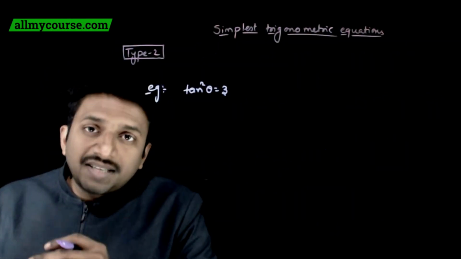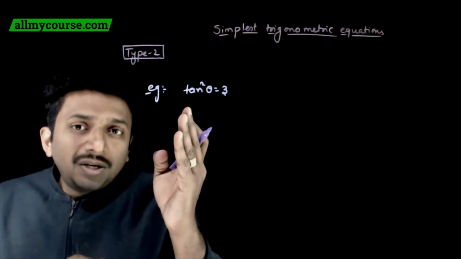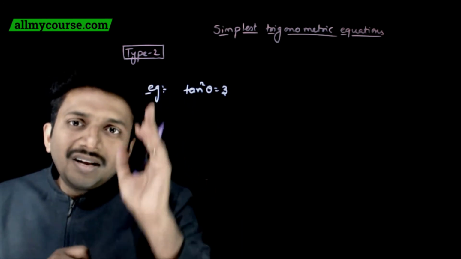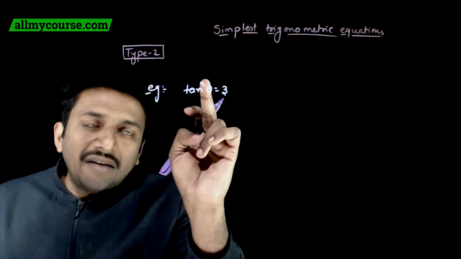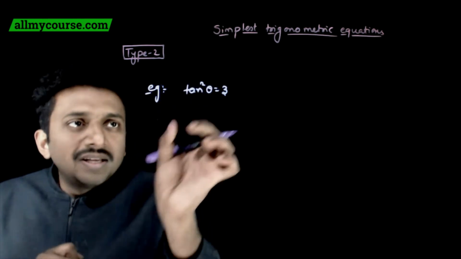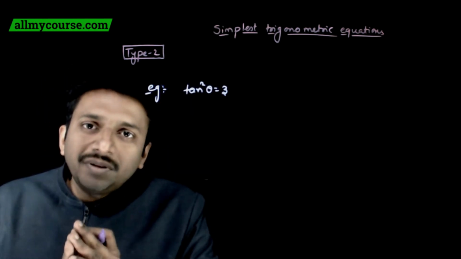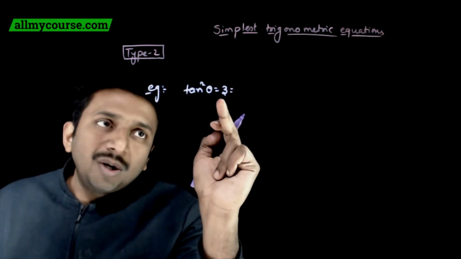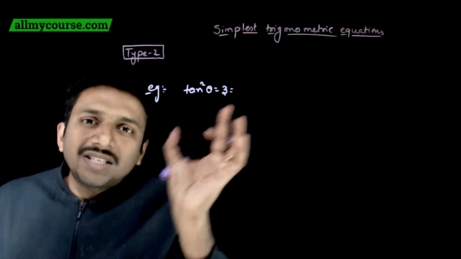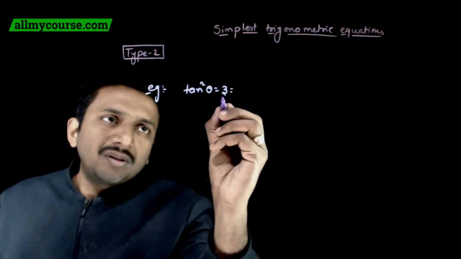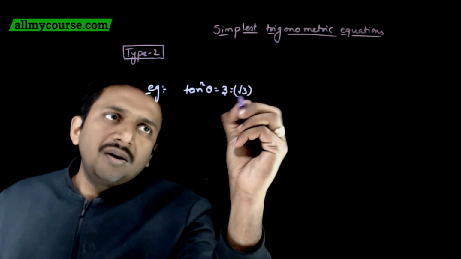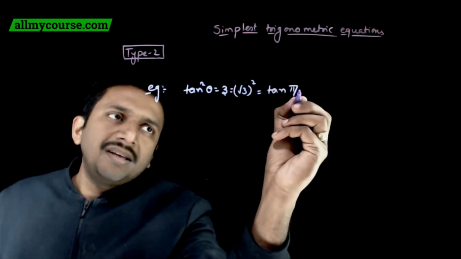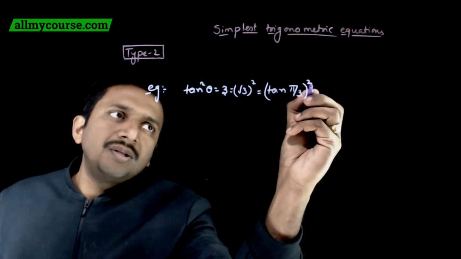So if you take another example, you need to solve tan square theta is equal to 3. This is in the type 2 form. That is, you have a square for trigonometric ratio. So tan square theta is equal to 3. So what you need to do is, you need to try to express 3 as some tan square of alpha. So 3 is nothing but root 3 whole square. That's nothing but tan pi by 3 whole square.